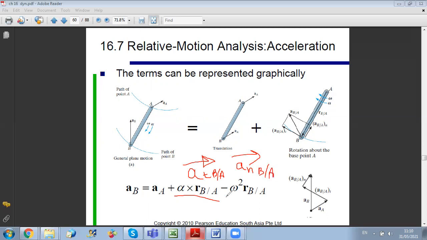So this is the normal acceleration. And in this way, if we have any 2 points on the same rigid body, we can use this approach to relate their accelerations.